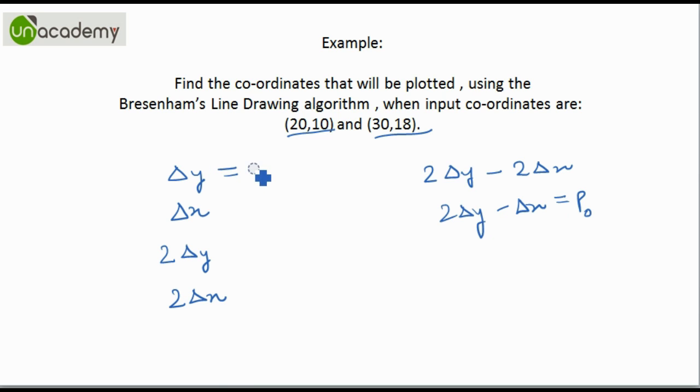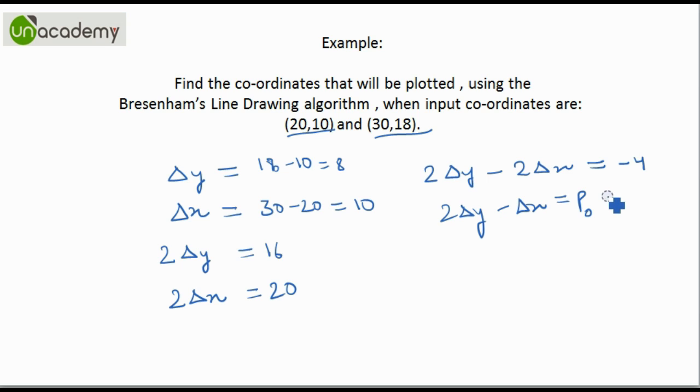So delta y will be 18 minus 10, that is 8. Delta x will be 30 minus 20, 10. Twice of 8 is 16. Twice of 10 is 20. This is minus 4 and the initial parameter would be 6. So we will take these values as reference and then continue with the plotting and finding the points that will be plotted.